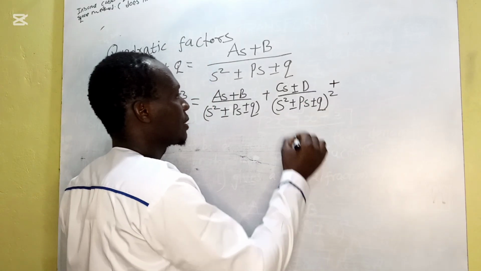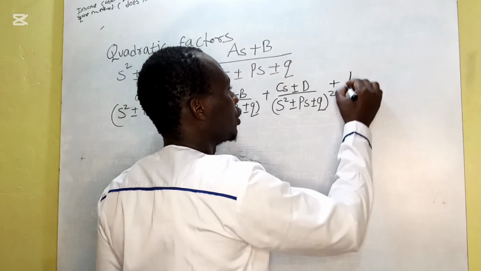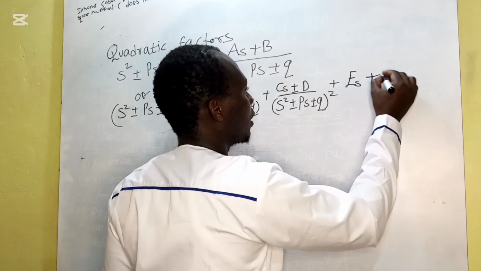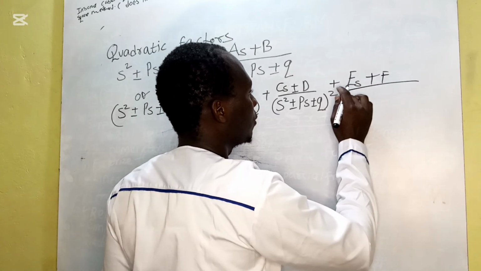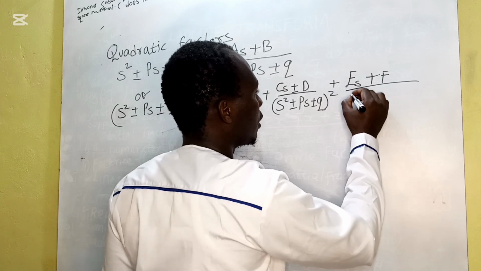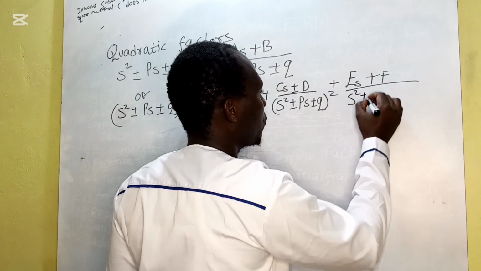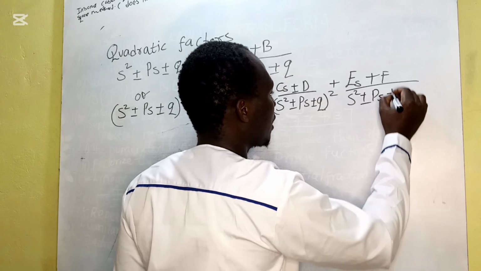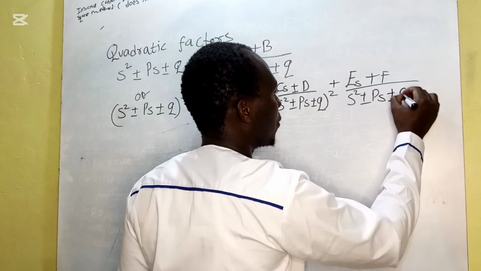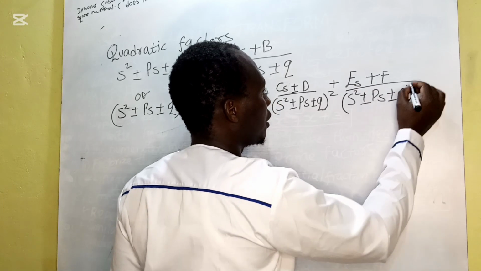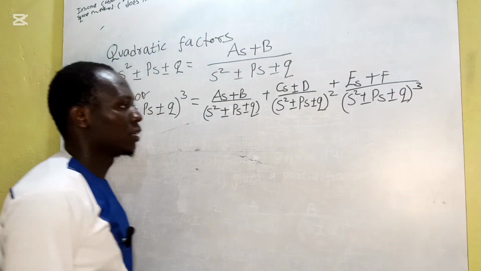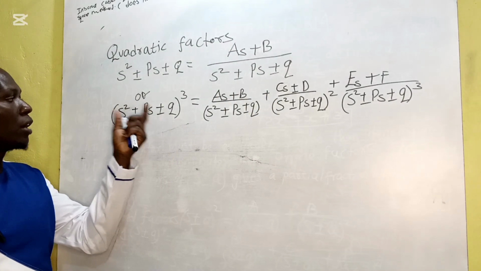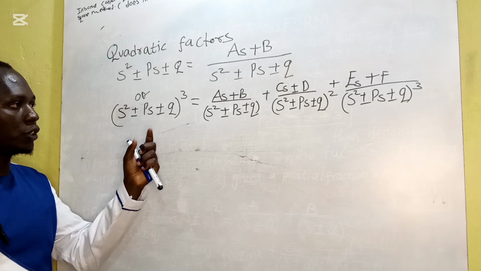We come and lastly add es, we add f all over s squared, we add or subtract ps, we add or subtract q, and here we are going to have cube. That is repeated square on a quadratic function.